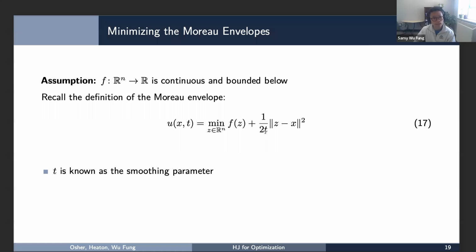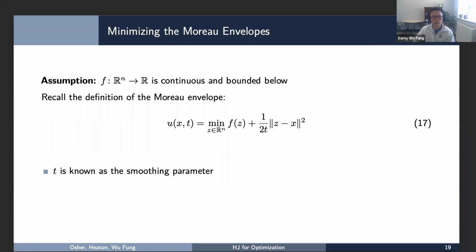If t is equal to 0, or very close to 0, then the solution to this minimization is z equals x, because all the weight goes to this quadratic term, so I just need to minimize it. Essentially the Moreau envelope evaluated at x is f of x, because once I solve for the minimizer z equals x and plug it back in, I get f of x back.